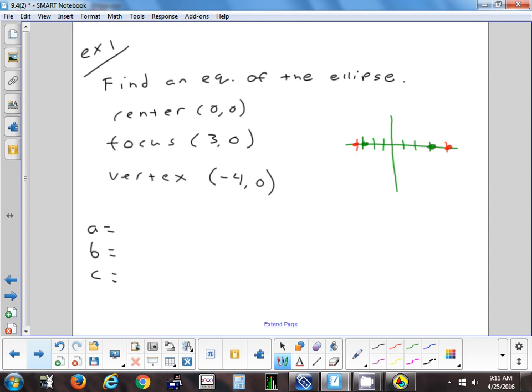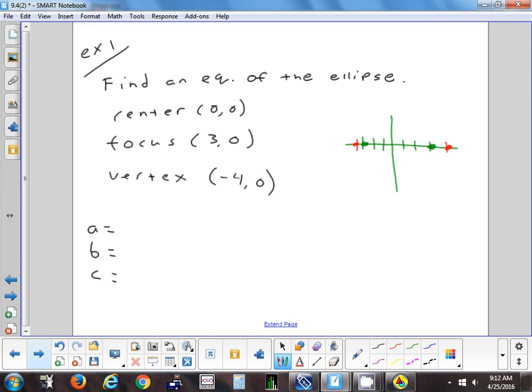Okay, so now let's figure out A, B, and C. Let's start with the focus. What letter does knowing the coordinate of the focus help me figure out? A, B, or C? C, yep. C is the distance from the center to the focus. What's the distance from the center to the focus here?